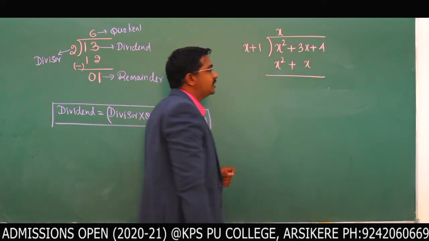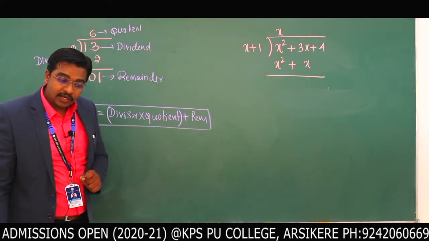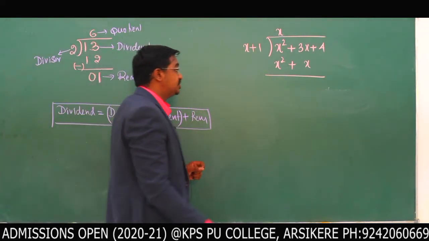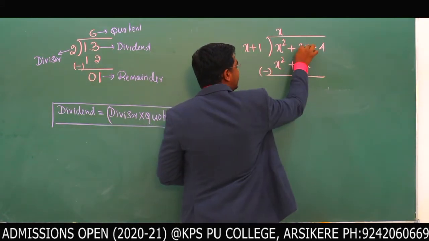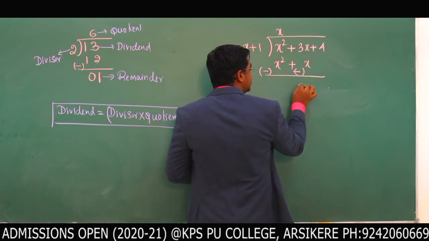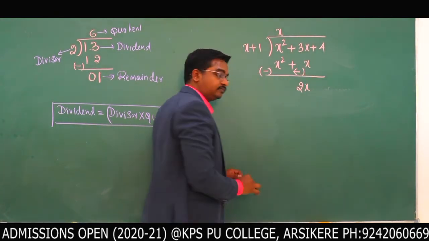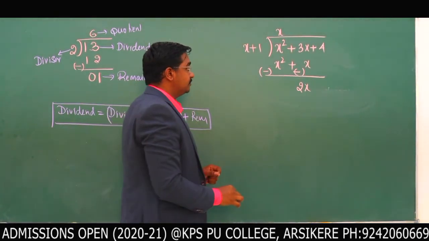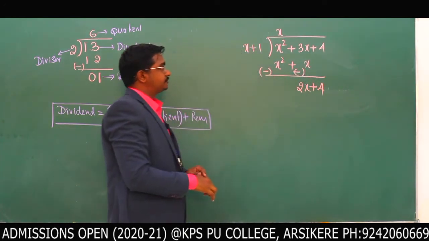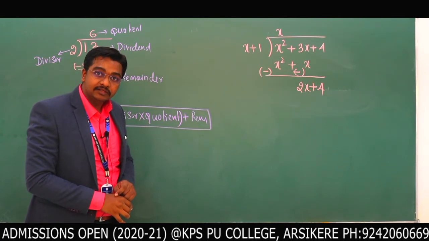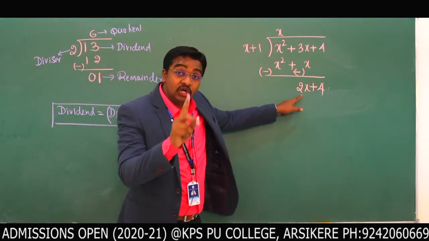So next we go with subtraction. When subtracting, the sign is changed. So this becomes minus, this is minus. So 3x minus x reduces to 2x. Next you have to bring down 4, plus 4. So what about the next thing? Again we have to cancel the 2x term, right?